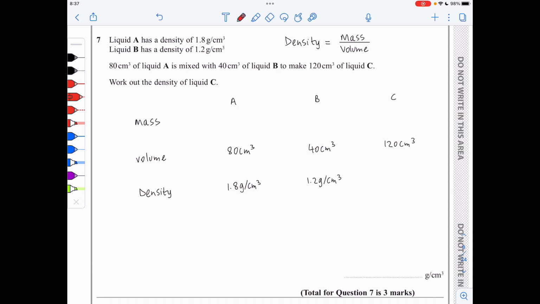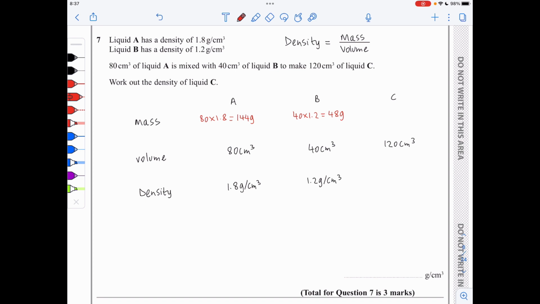So we can say here that for A, it's 80 times 1.8, which gives an answer of 144 grams. And for B, it's 40 times 1.2, which is 48 grams.